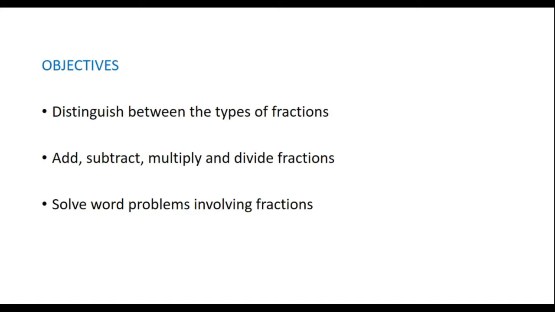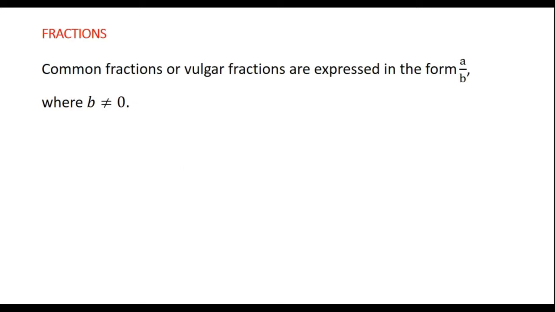So let's learn some basic terms and definitions about fractions. Common fractions or vulgar fractions are expressed in the form a over b, where b is not equal to 0. So when we say fractions, they are numbers that are expressed in the form a over b.